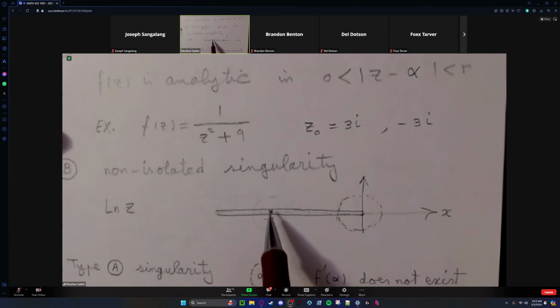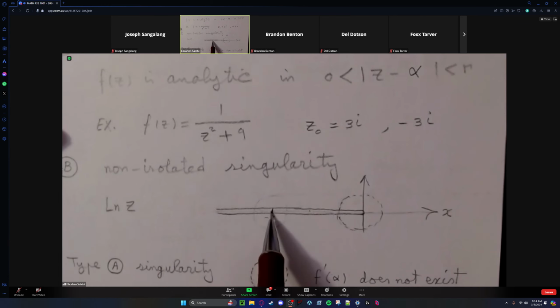It doesn't have a derivative here, and you cannot isolate this because in any disk you consider centered at it, there are infinitely many other points where the function doesn't have a derivative. So this is called a non-isolated singularity. All right.